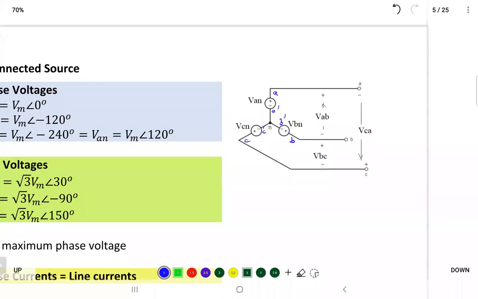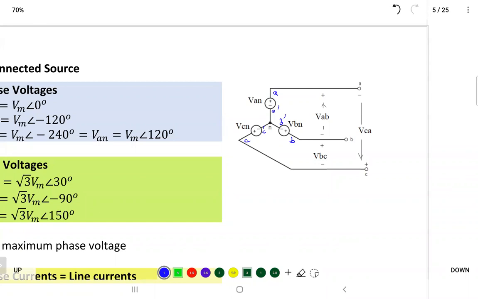Because you have a generator, and the generator has 3 coils. We agree that each coil has a beginning and an end: A dash, B dash, C dash. You connect A dash, B dash, C dash together in one common point and call it neutral. The voltage across each coil, I'm not going to call it A dash, I'm calling it AN.